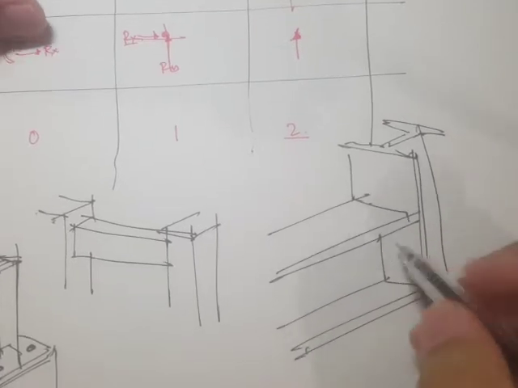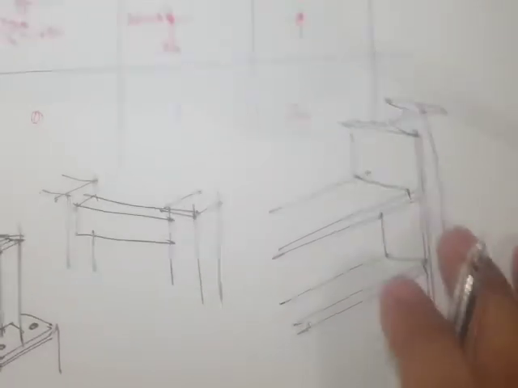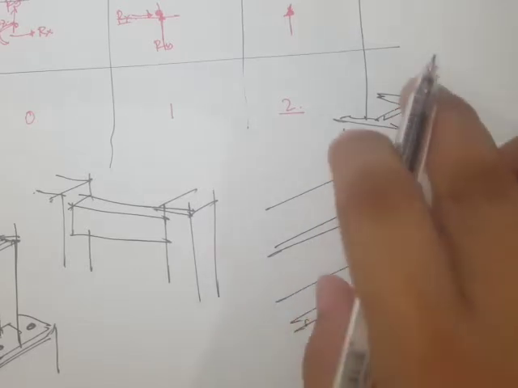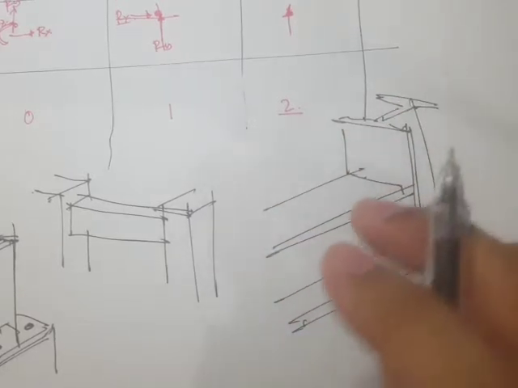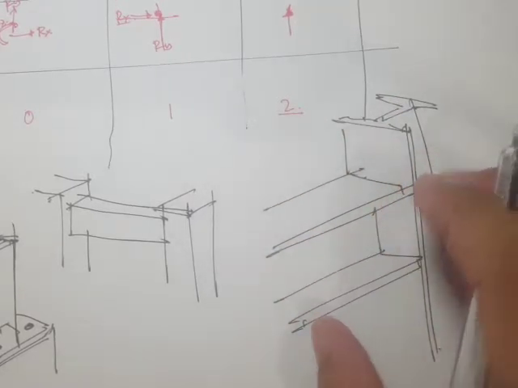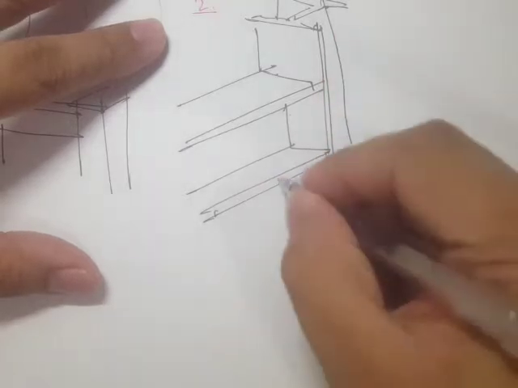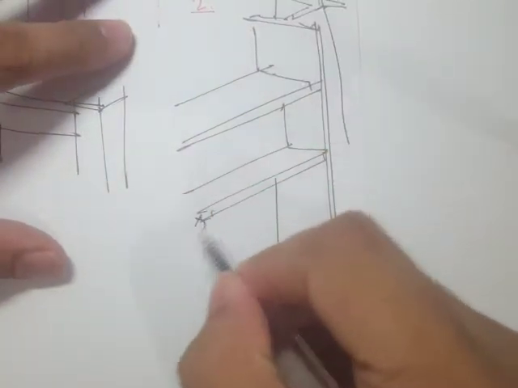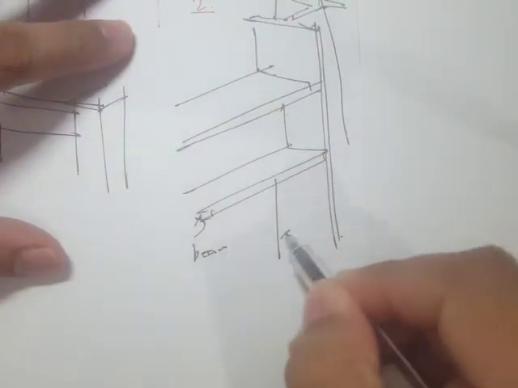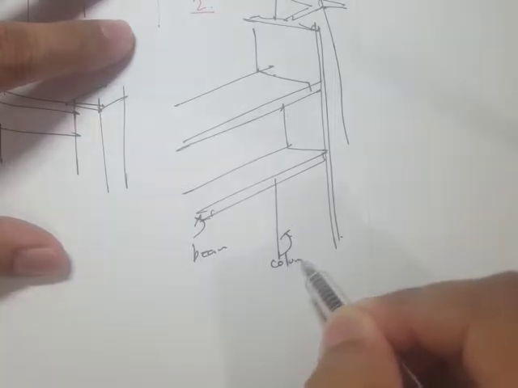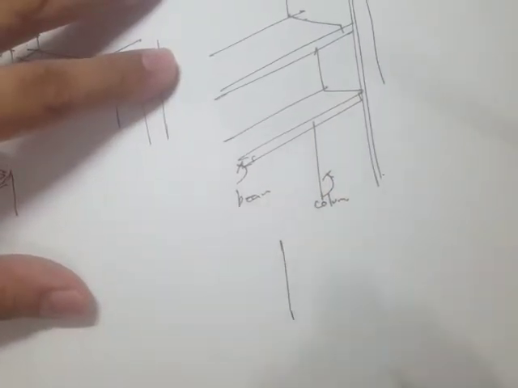Okay, so the connection of this beam and column is considered a pin, although we will not be able to appreciate the rotation. Okay, so this is our steel beam, and this is our column.